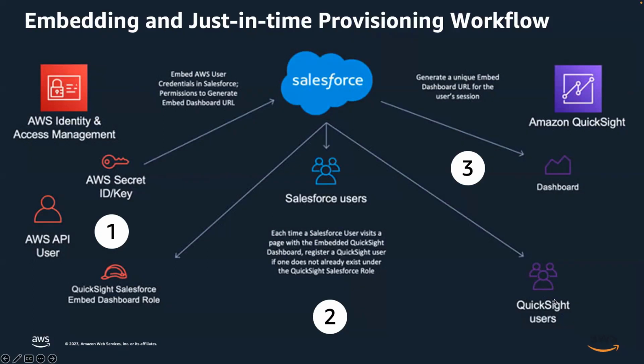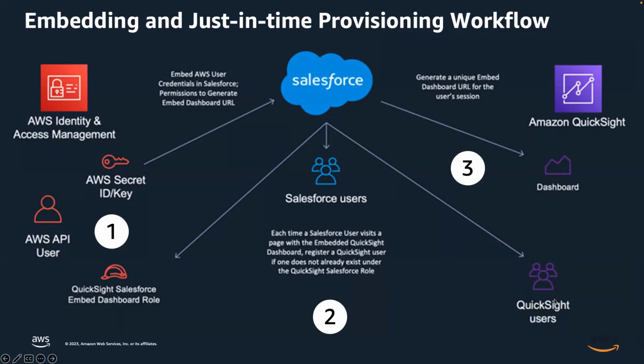So the first step is to build a mechanism for Salesforce to connect to QuickSight. And this is where we create this API user from Salesforce that can directly interact with the QuickSight APIs.